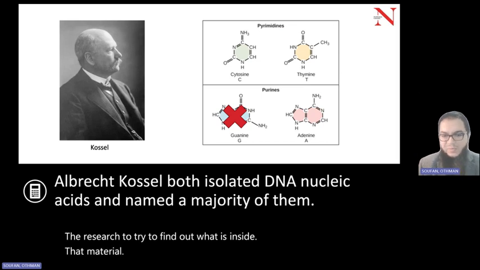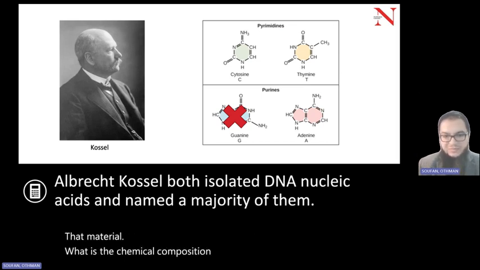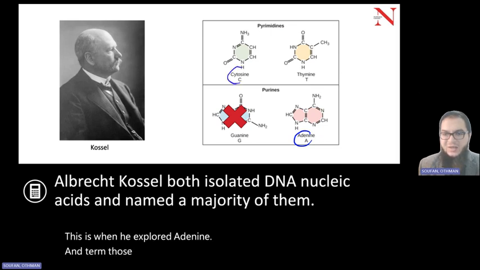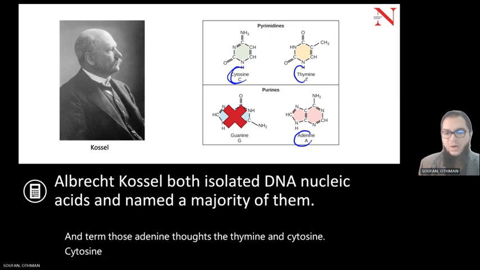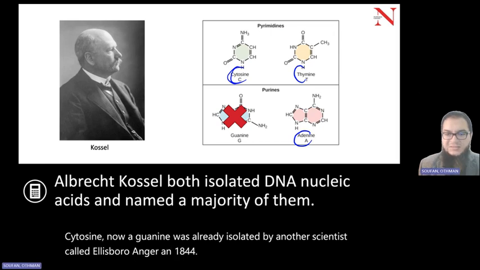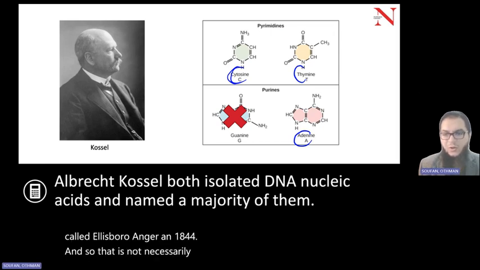What is the chemical composition in particular? This is when he explored adenine and termed those adenine, thymine, and cytosine. Now, guanine was already isolated by another scientist called Julius Bodo Unger in 1844, and so that is not necessarily credited to Kossel, although it was characterized, okay?